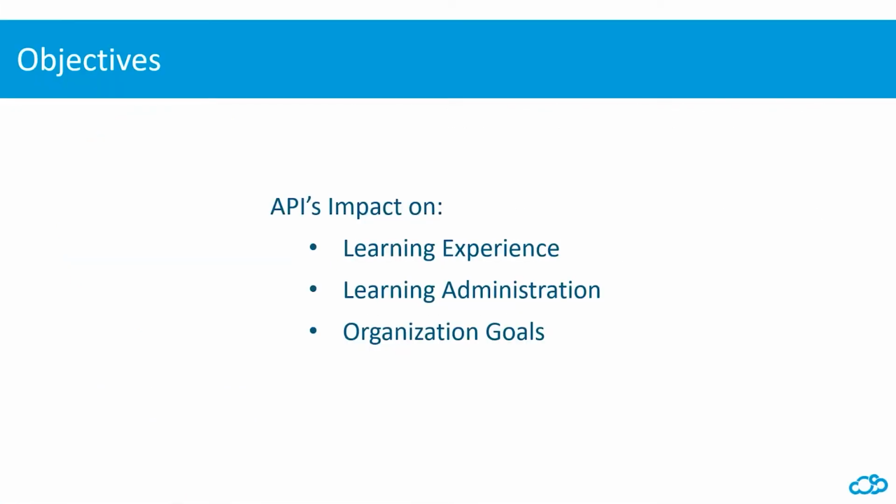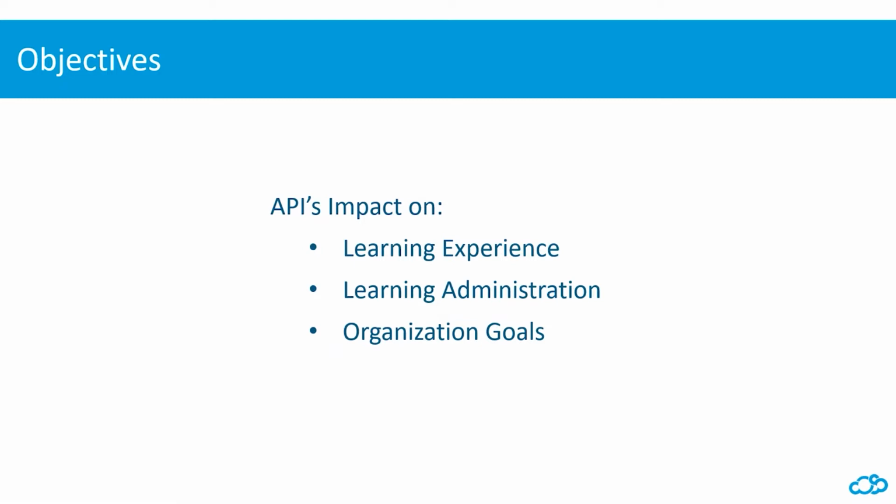Today, our objectives are going to be the impact of APIs on the overall learning experience. In addition, we'll talk through the impact with respect to learning administration and organizational goals. These are all key elements in the ecosystem of learning and enabling learning technologies.